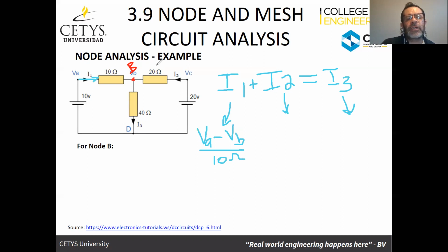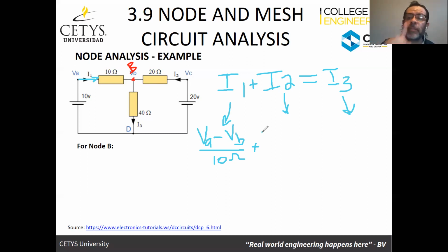In the case of current 2, which is the one that's going through the 20 ohm resistor, can somebody, using this same logic, tell me what this current would look like if we're looking at the 20 ohm resistor? Is it VB minus VA divided by 20?